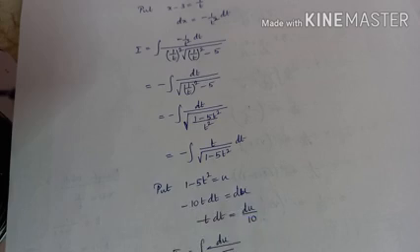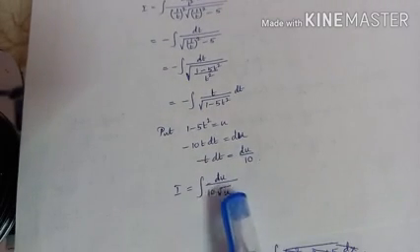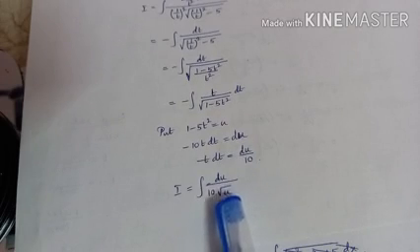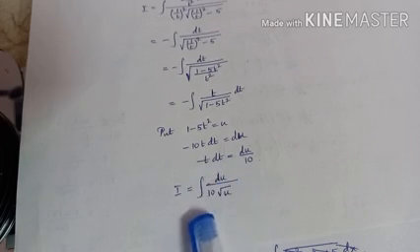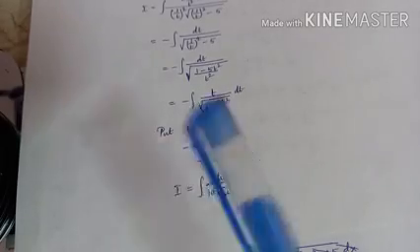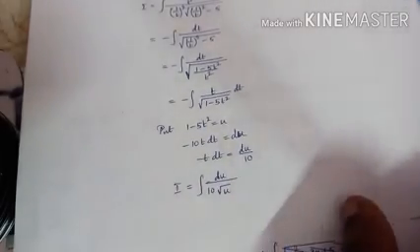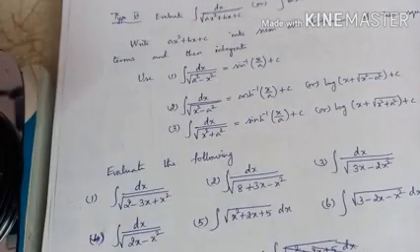So let us do substitution and hence see root u. We know root u is u power 1 by 2. Take u power 1 by 2 to the numerator, which is u power minus 1 by 2, du. Take 1 by 10 outside. We know integration of x to the power n dx is x power n plus 1 by n plus 1.